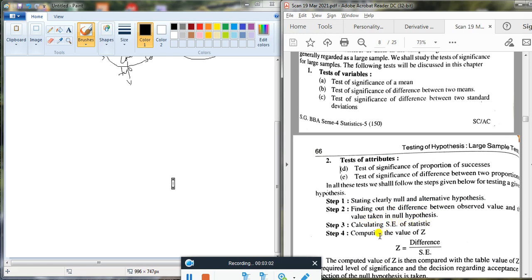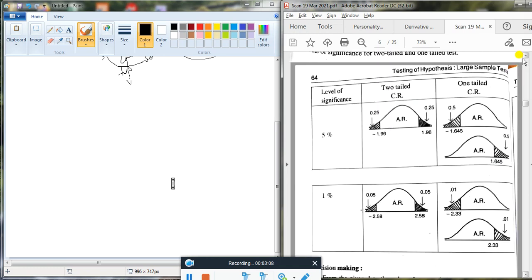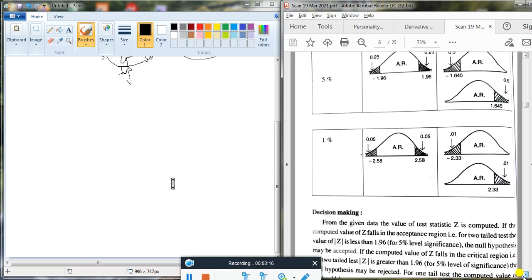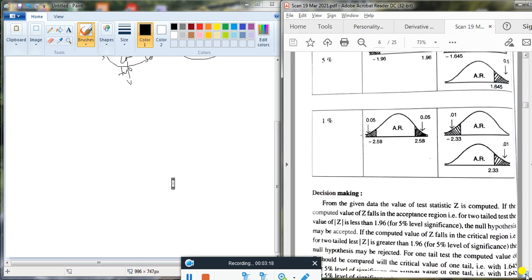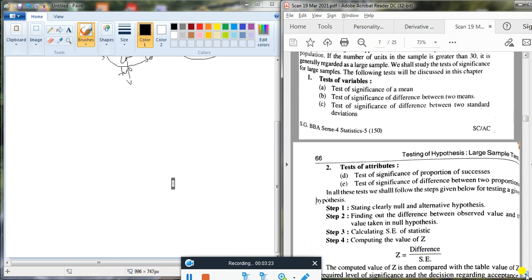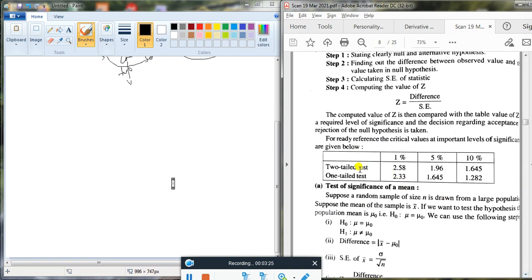And fourth one is computing the value of z. And after computing this z value, you have to remember these table values. So in short, I have already discussed these diagrams, and according to this diagram I am going to give you a few values, and those values are okay. Here it is.